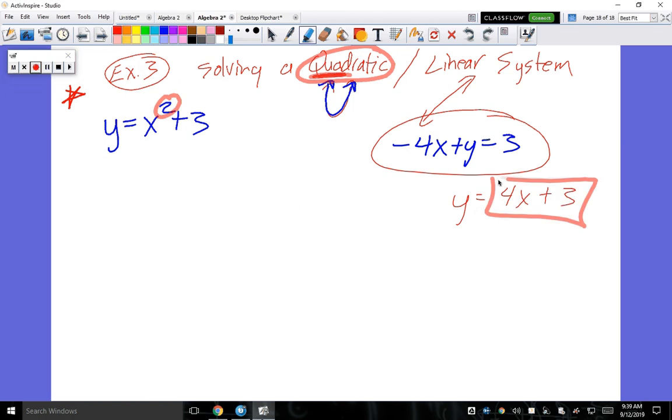Now this will be substituted in right here for y. So we have 4x plus 3 substituted in for y, and it's equal to x squared plus 3.